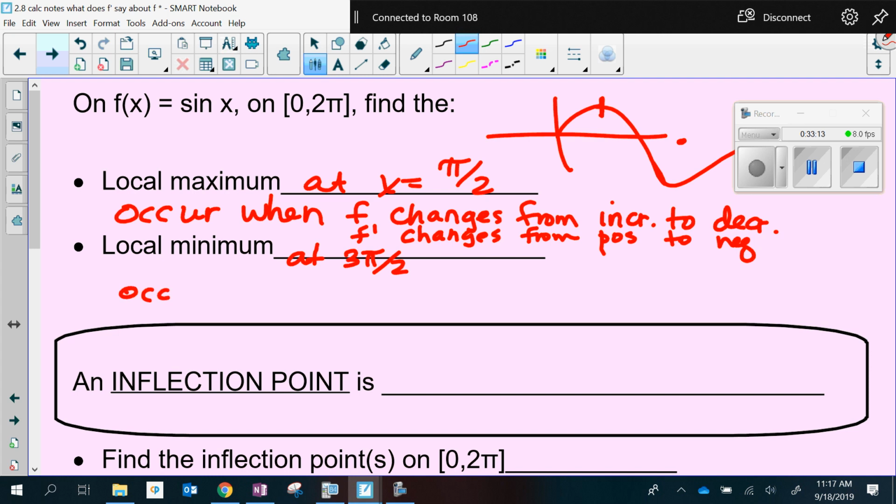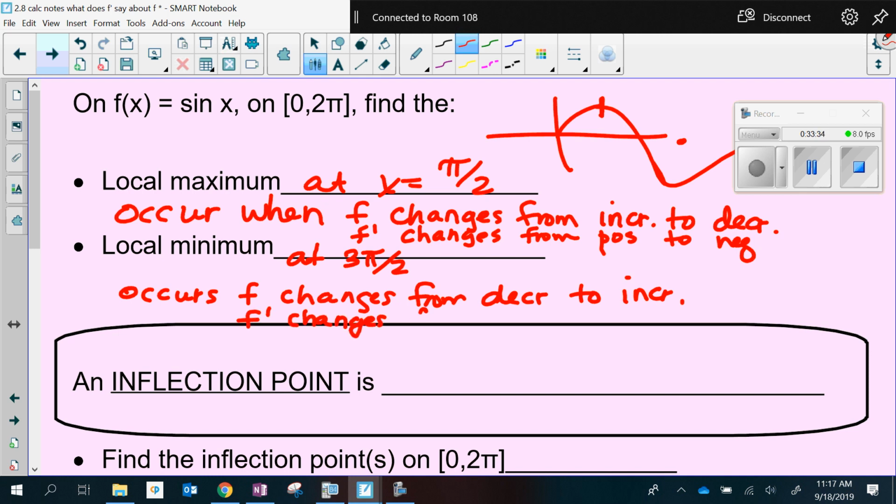So this occurs when f changes from decreasing to increasing, or when f prime changes from negative to positive.